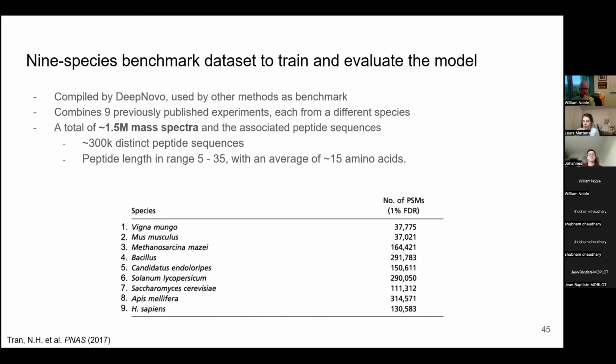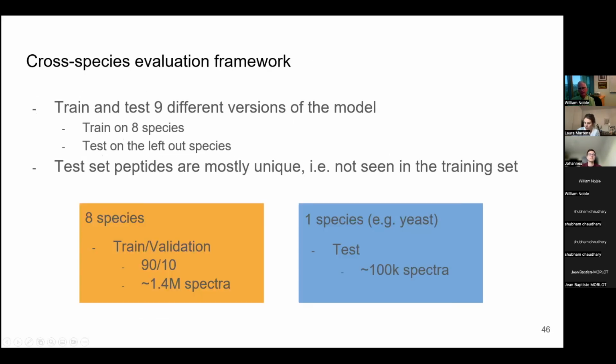So it's mostly distinct peptide sequences. And you can see that the number of peptide spectrum matches varies by species. We have quite a range of species, all the way from human down to mouse, and then bacillus and so on. And then I mentioned this already, we have training on 8 species, testing on the left-out species. And so you have about 100,000 spectra per test set.